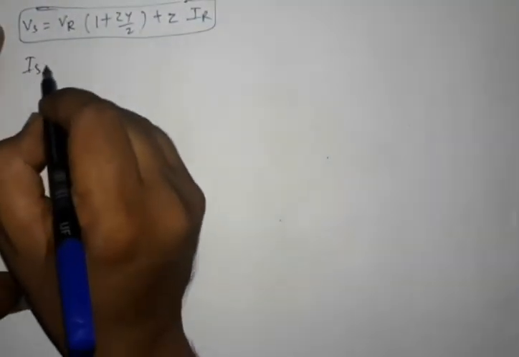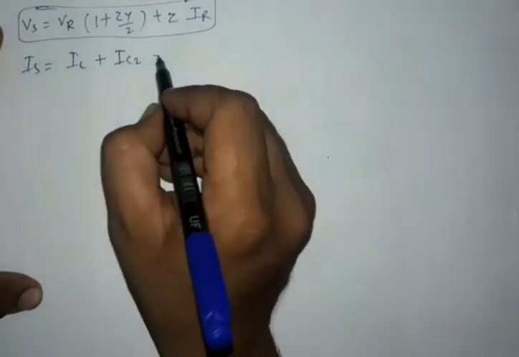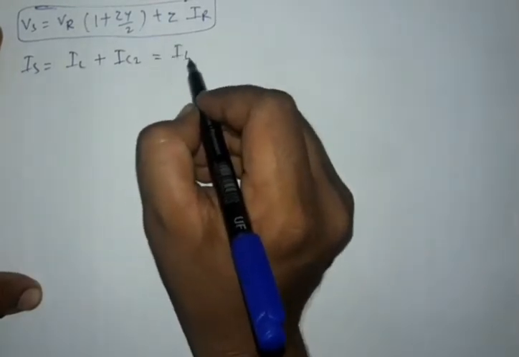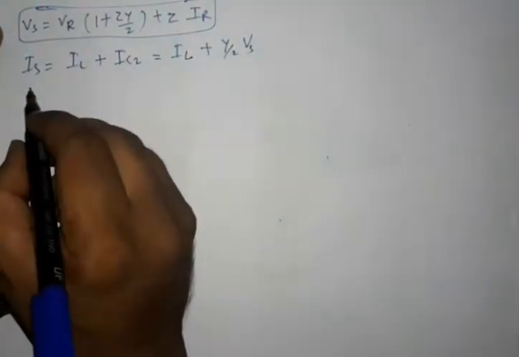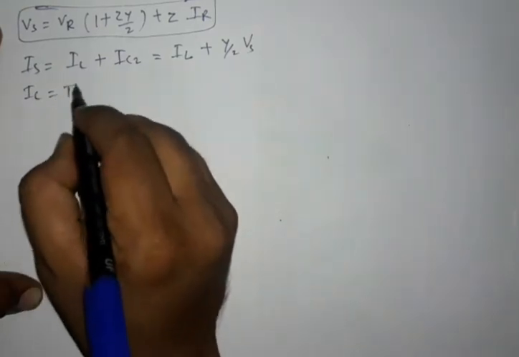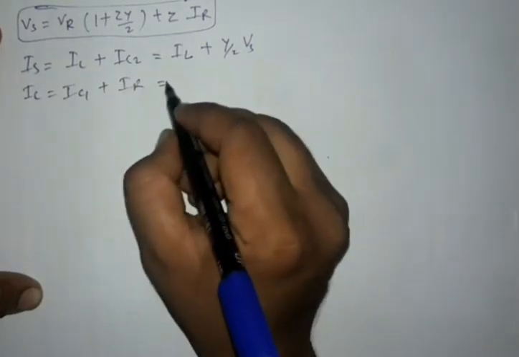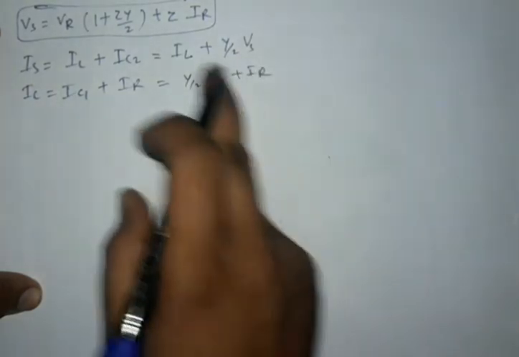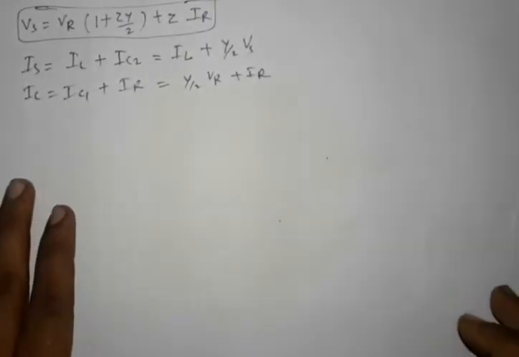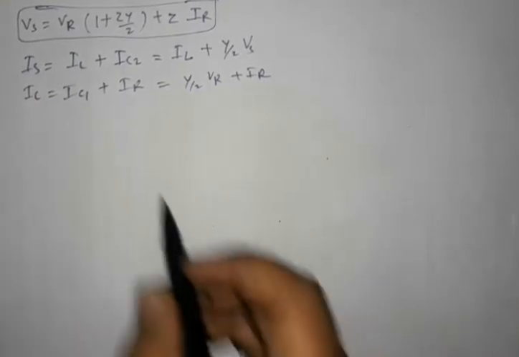Is is equal to IL plus IC2, which is equal to IL plus Y by 2 Vs. Now IL is equal to IC1 plus IR, and IC1 is equal to Y by 2 Vr. We derived all these equations above, and we just rewrite them for our use.